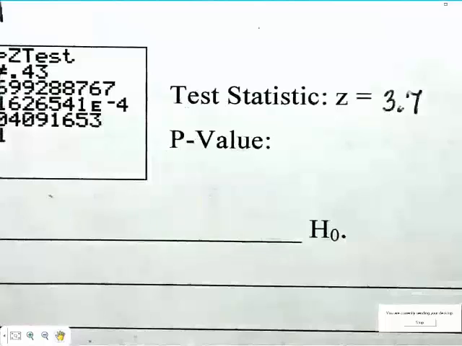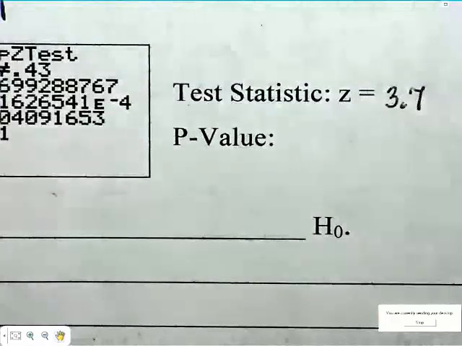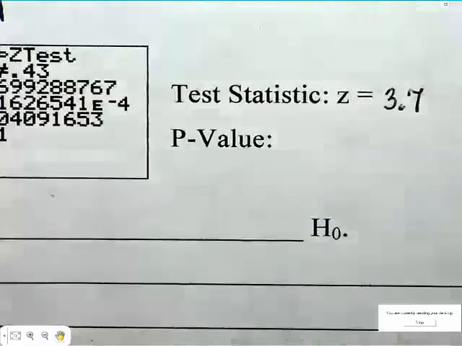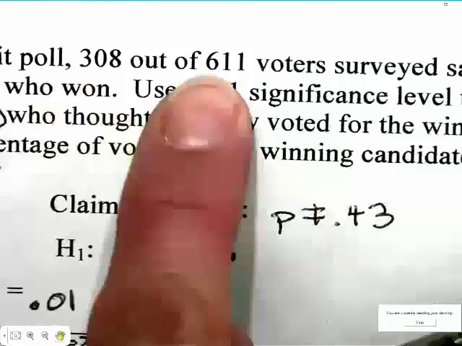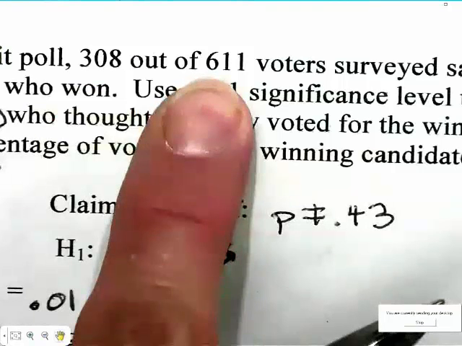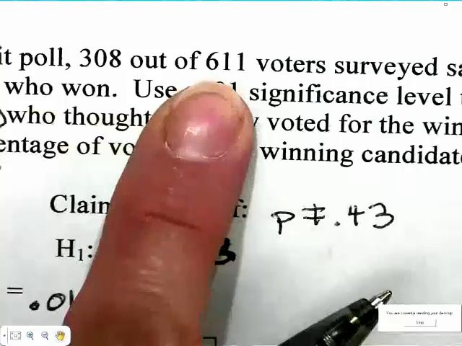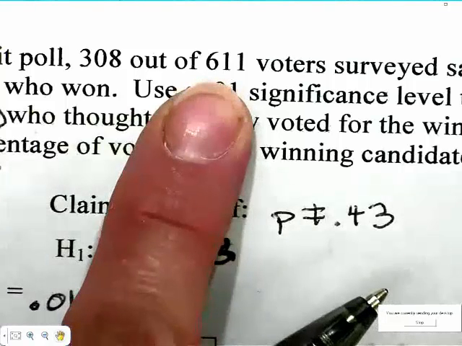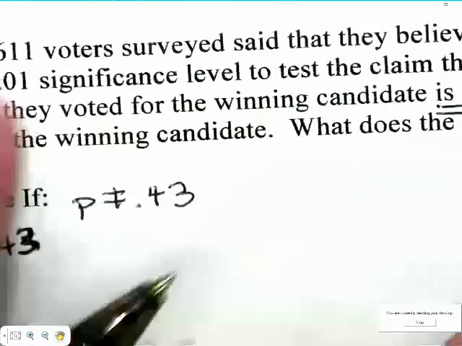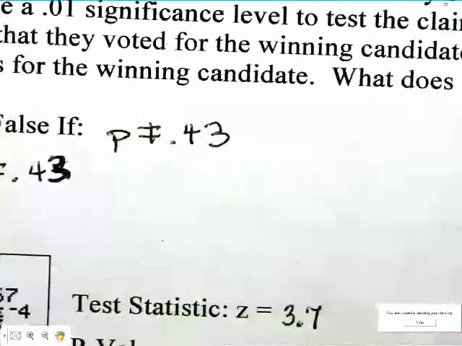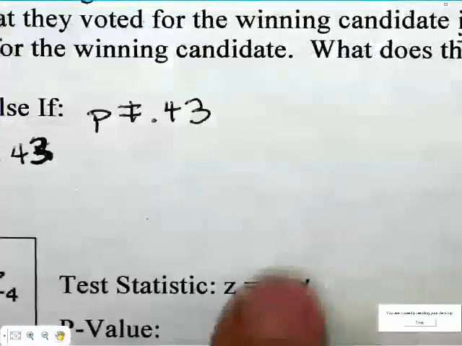Now remember what that z, or the test statistic, is. That's how many standard deviations away from the norm that 308 out of 611 voters picking the right guy is. That's a hard sentence, but yes, z-score is the number of standard deviations that this is away from.